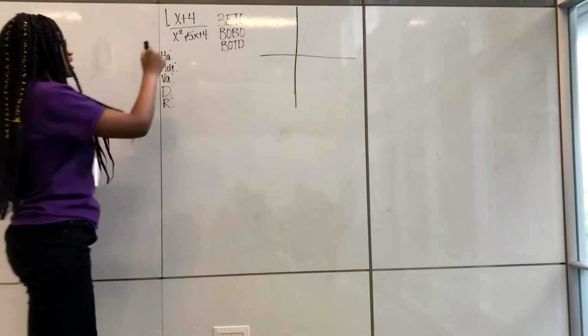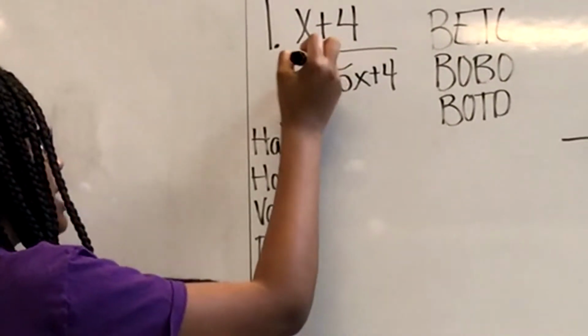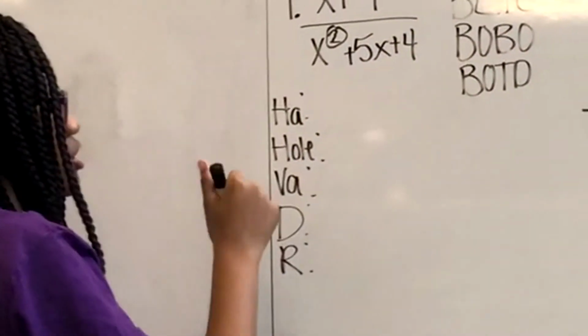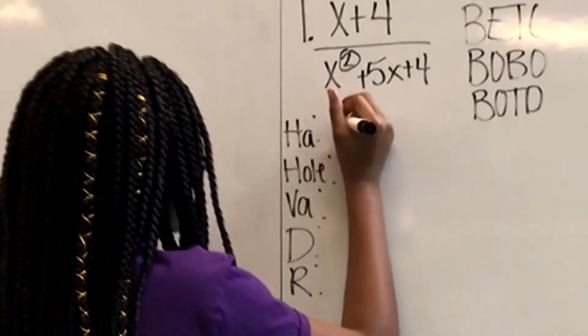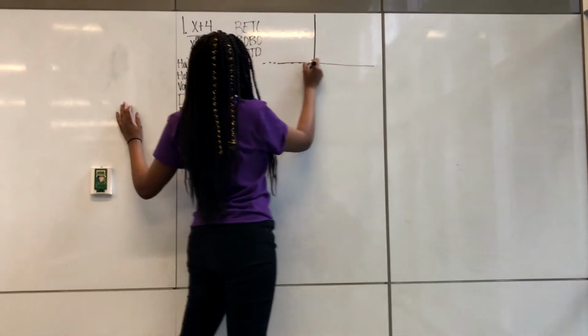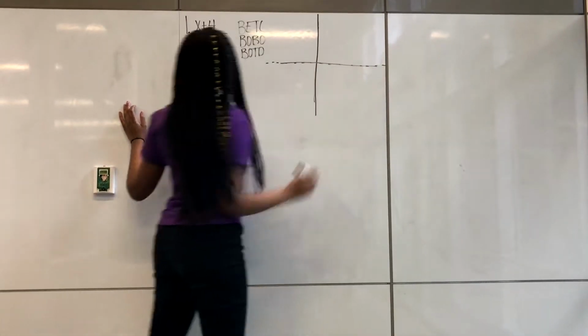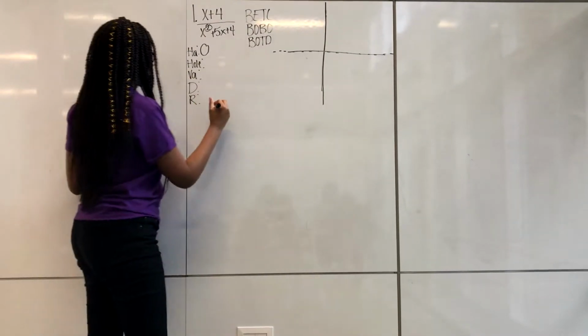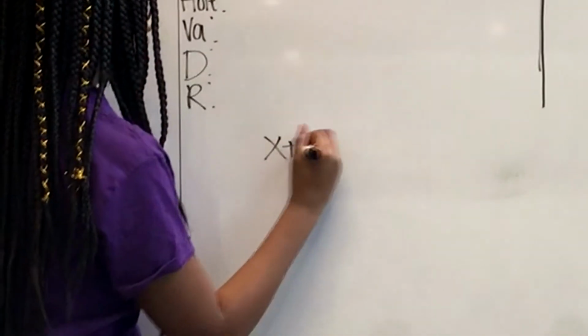So first thing, we look at the exponents, and it's bigger on bottom, so that means the horizontal asymptote is 0. So we're gonna draw the little dotted line. Then you're trying to find the hole. Finding the hole, you'll have to factor the problem.